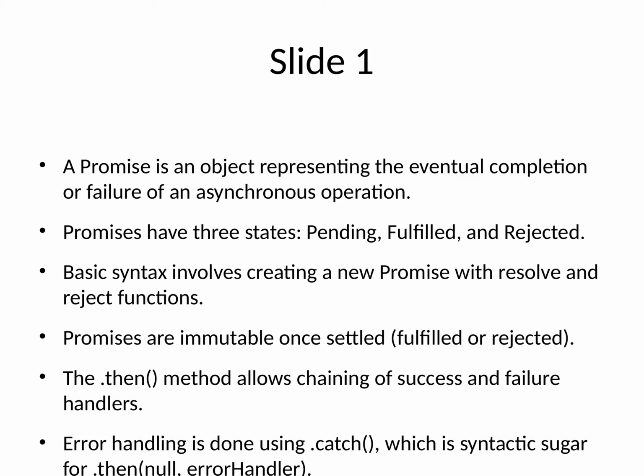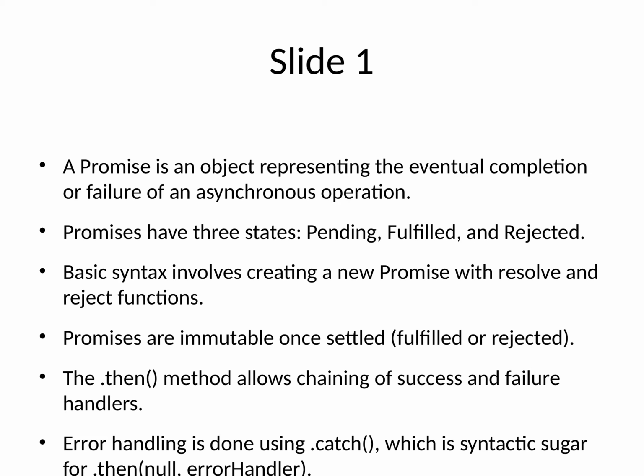This is particularly helpful for cleanup tasks, such as hiding a loading spinner after an operation completes. Additionally, when returning a value or a new promise inside a then block, the next then in the chain will wait for the returned promise to resolve before proceeding.